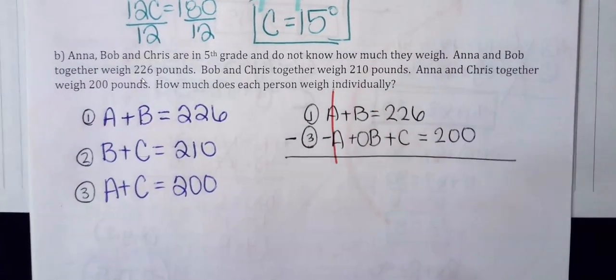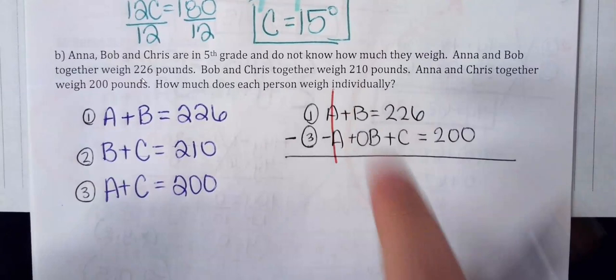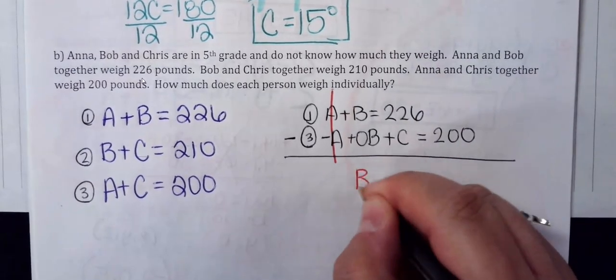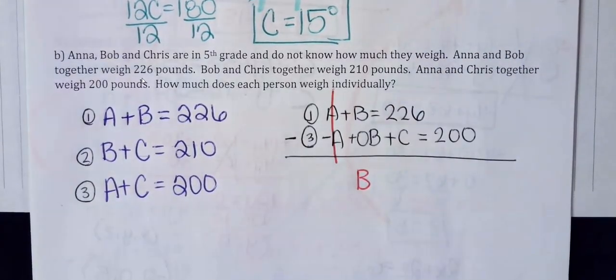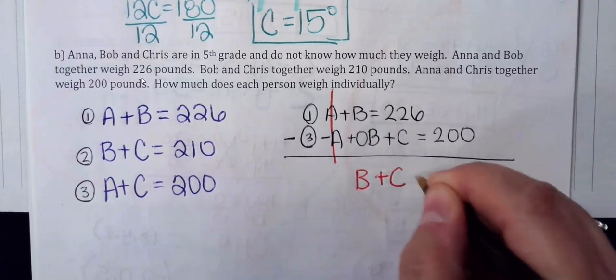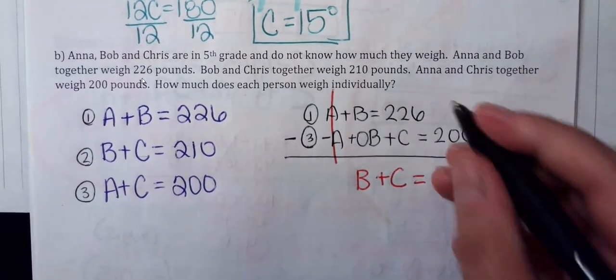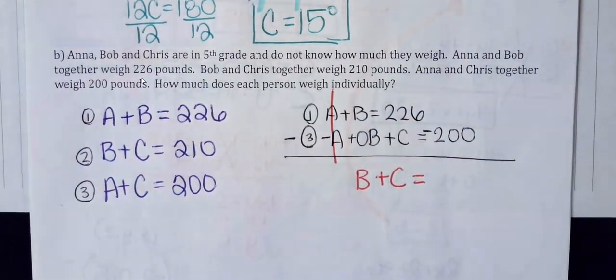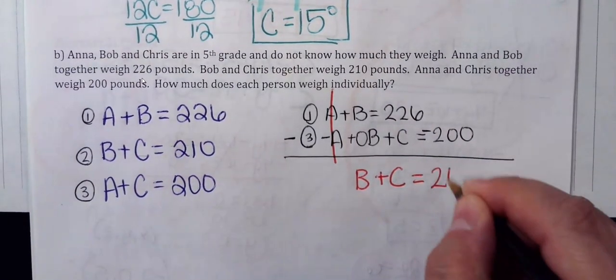So this goes. Now, I'd have 1B, plus I don't have a B in the other one, so I would still have a B. I don't have a C in the top. But I do have a C in the second equation. So if I was going to add them together and fail, I should have had a negative on that 200. Okay, now, if I do 226, negative 200, this would just be 26.